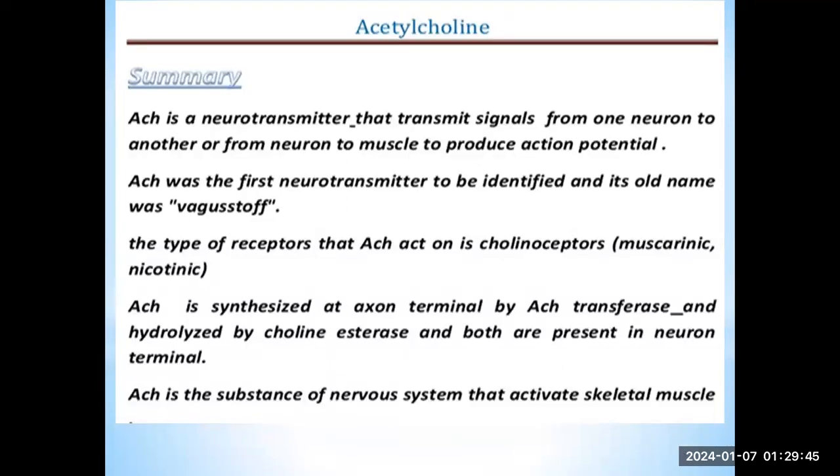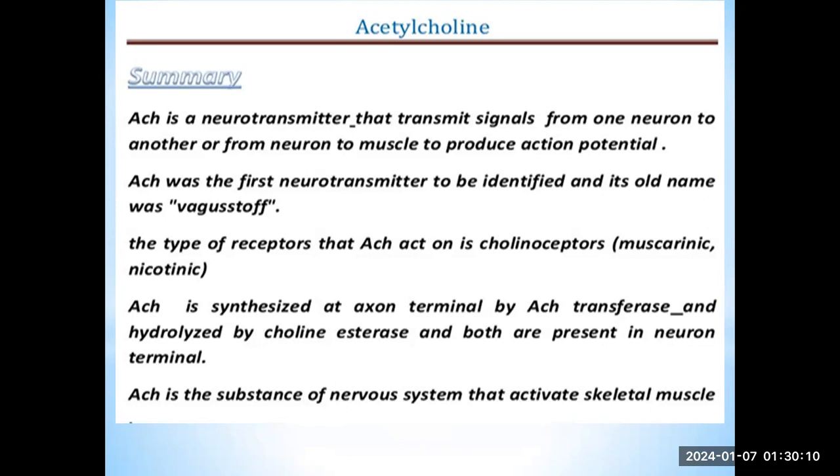Finally, to summarize, acetylcholine is a transmitter that transmits signals from one neuron to another, or from neuron to muscle, to produce an action potential. Acetylcholine was the first neurotransmitter to be identified, and its old name was vagusstoff.